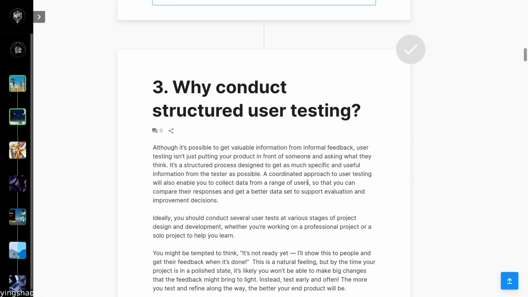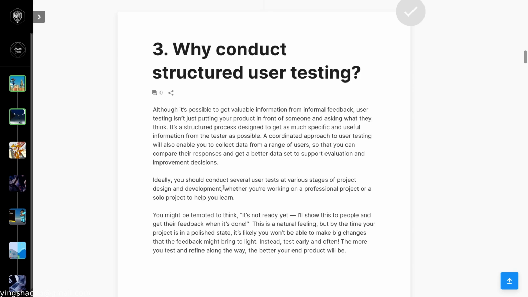A coordinated approach to user testing will also enable you to collect the data from a range of users so that you can compare the responses and get a better dataset to support evaluation and improvement decisions.